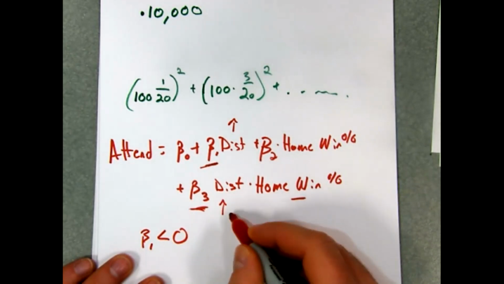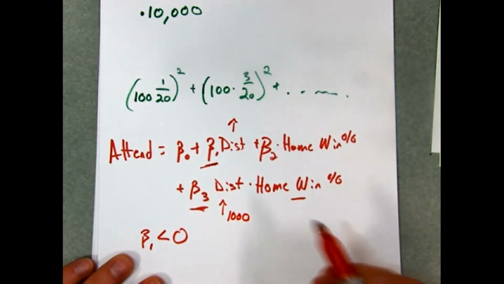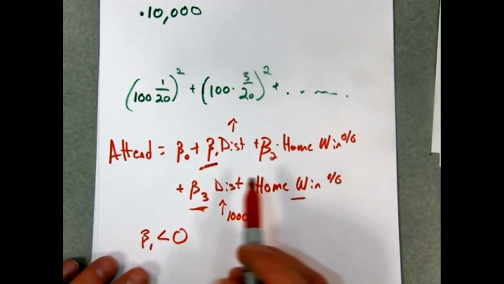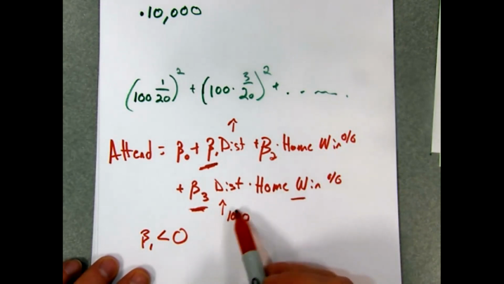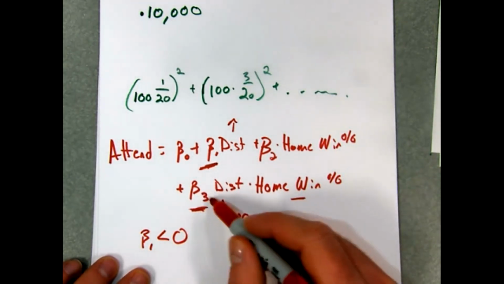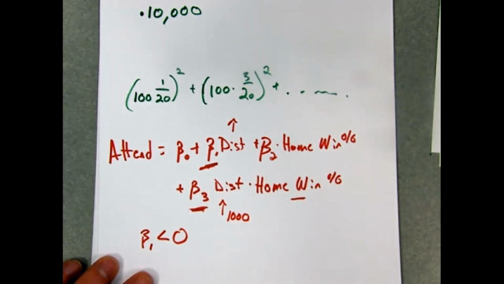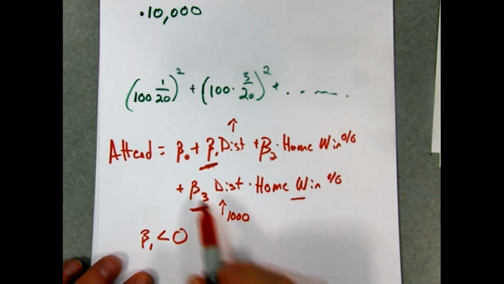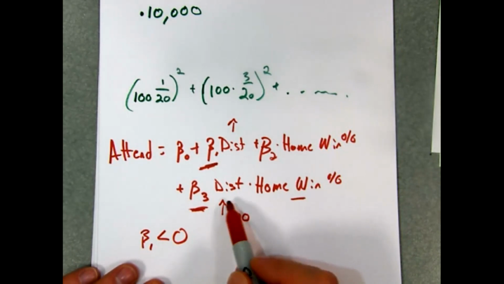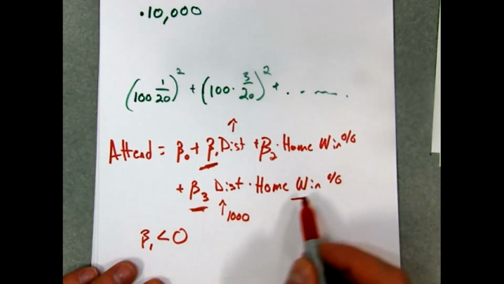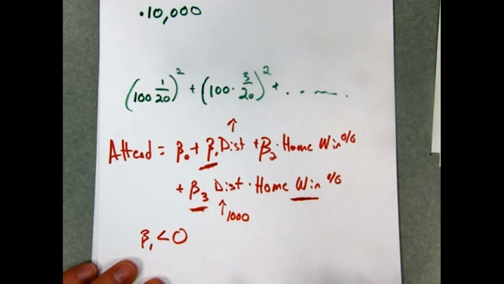So now what's the effect if distance goes up by 1,000? Well, it wouldn't just be beta 1, it would be beta 1 plus beta 3 times whatever the home team's win percentage was. So there's this additional effect that comes from being 1,000 miles further away that depends on what the home team's win percentage was.